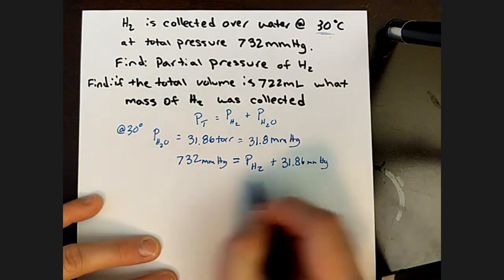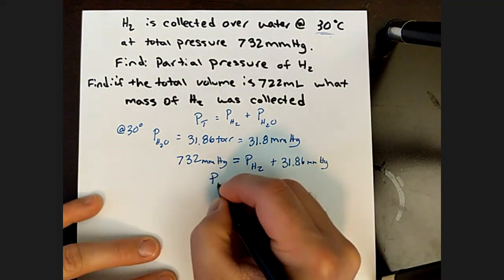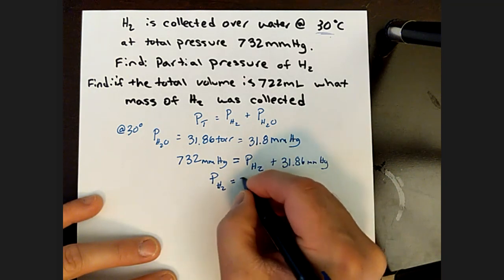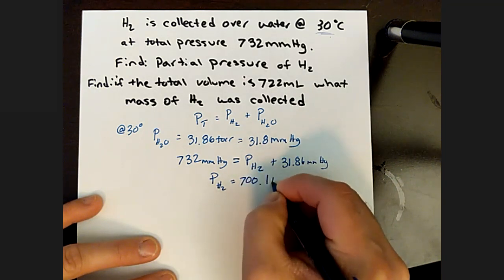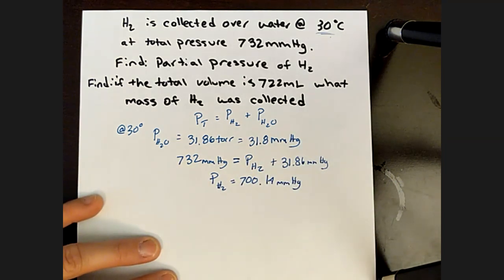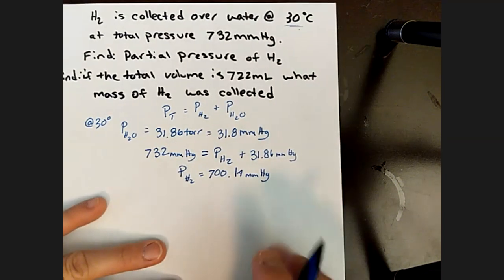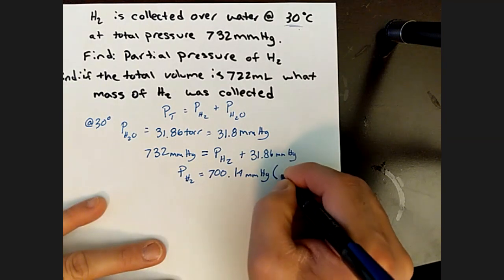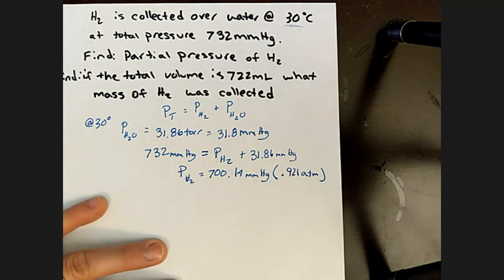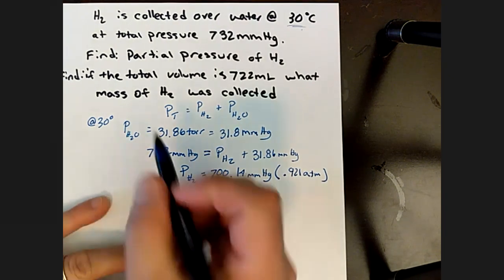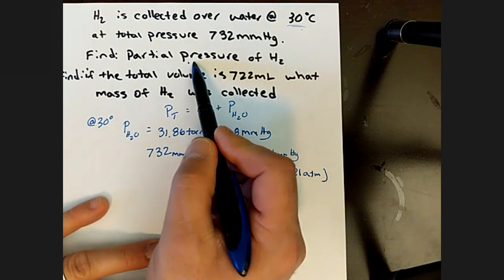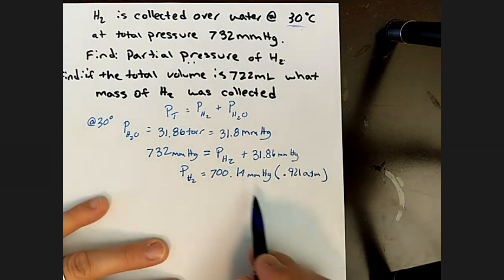You would just subtract this over, and then we find the partial pressure of the hydrogen is 700.14 millimeters of mercury, which also corresponds to 0.921 atm. So that's what it wanted, or part of it was to find the partial pressure of the hydrogen, which we have.